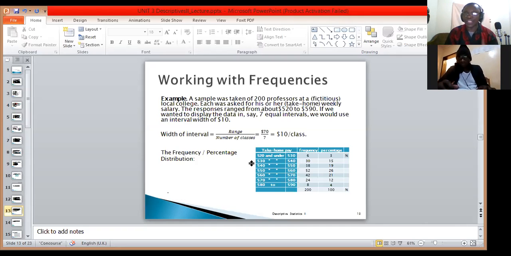That is the first class, which has an interval of 10. Then the second class will be 530 to 540. So we are going to put up those classes up to 590. If you count these classes, for sure there will be 7.